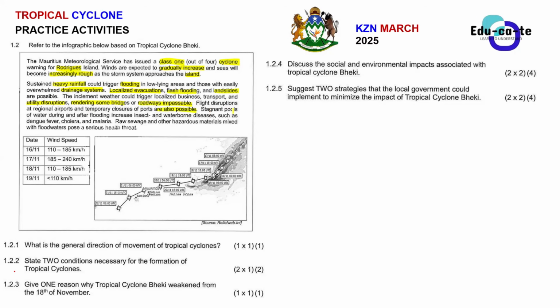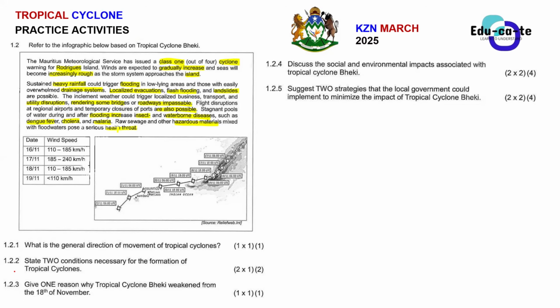There are also stagnant pools of water during and after the flooding, with an increase in insect and waterborne diseases such as dengue fever, cholera, and malaria. There's also raw sewage and other hazardous materials being mixed with flood waters that pose a serious health threat. So all of these are effects coming from this tropical cyclone.